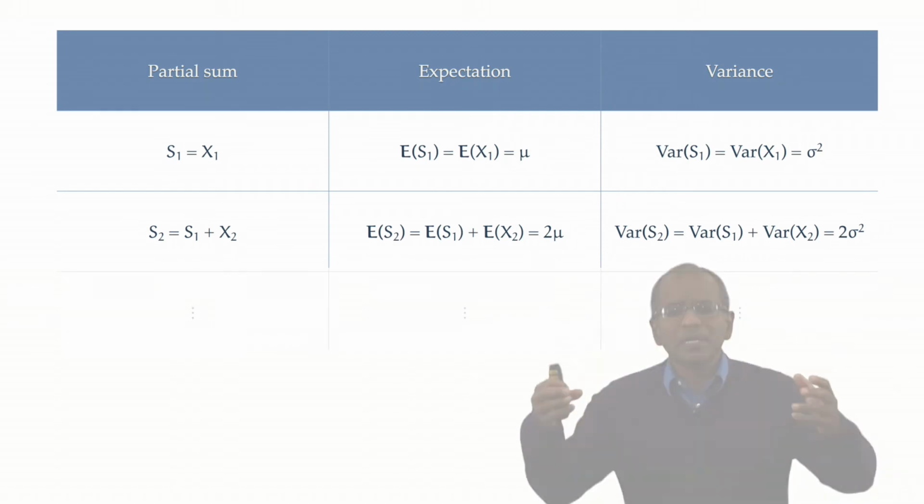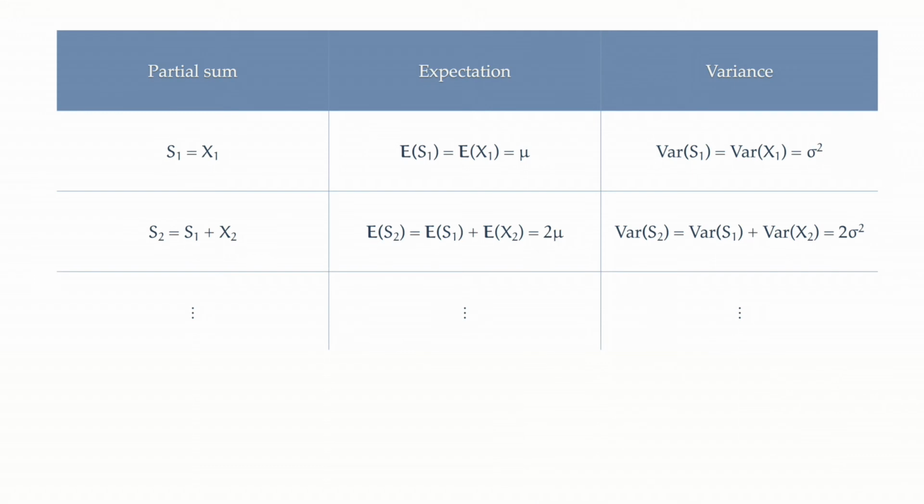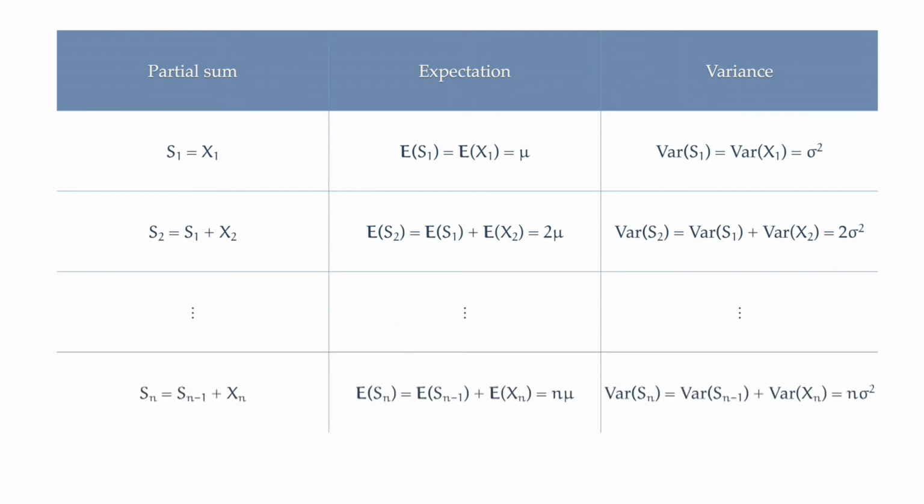Oh, and now it's easy to build it up. S3 will add S2 to X3, and if we keep doing this, Sn will add Sn minus 1 to Xn. Again, now we have two independent variables which are being added, and therefore, by the inductive process, it's now clear that the expectation of Sn is n times mu, and the variance of Sn is n times sigma squared.